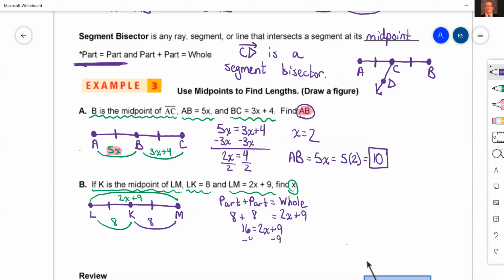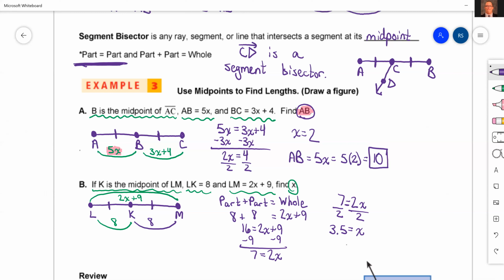Subtract our 9. 16 minus 9 is 7. I'm out of room, so I'm going to come up here and rewrite it. Divide by 2. 7 divided by 2 is 3.5. That's going to equal x.